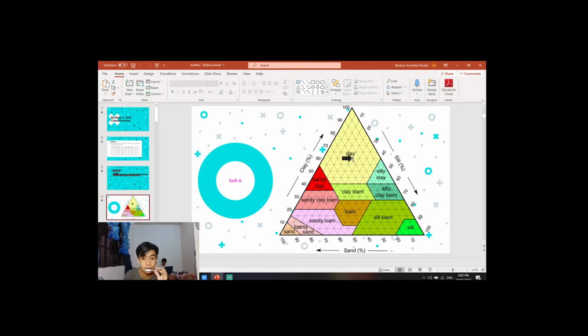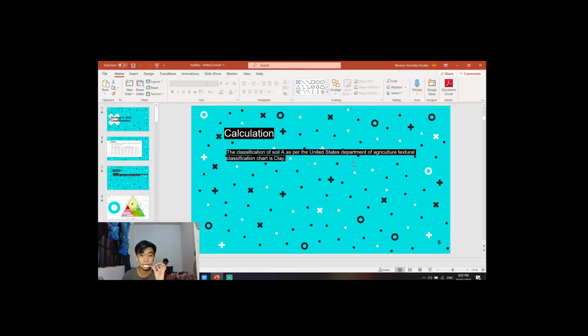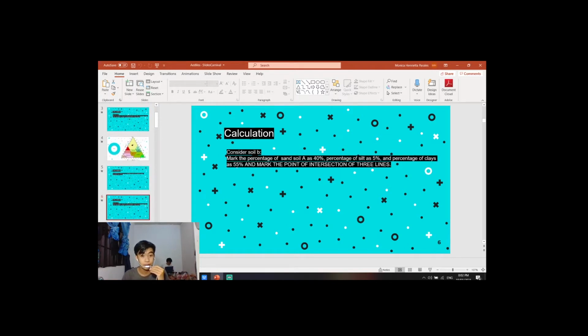So kung mapapansin natin, yung soil A natin ay nasa clay. So calculation natin, the classification of soil A as per the United States Department of Agriculture Textural Classification Chart is clay.